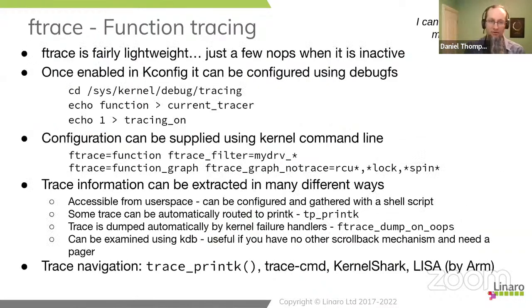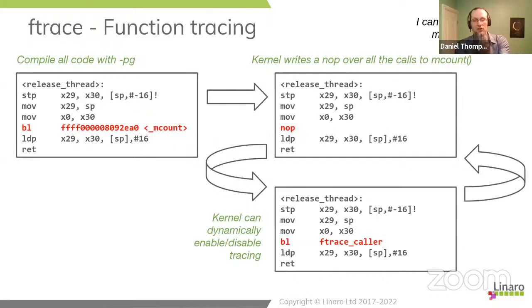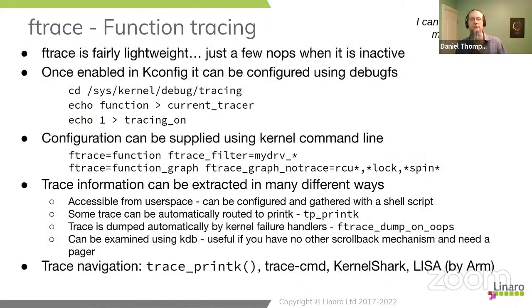So in other words, the mechanism I've shown you here only instruments function entry. But once you have instrumented function entry, you can mess about with the return stack and instrument function return as well. And that then allows us to track every time we enter a function and every time we exit a function. It's a really, really powerful tracer.